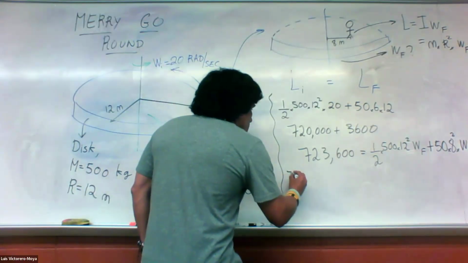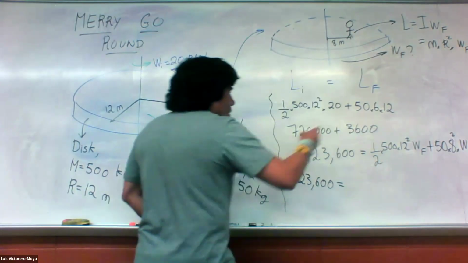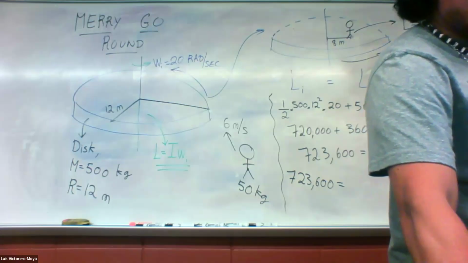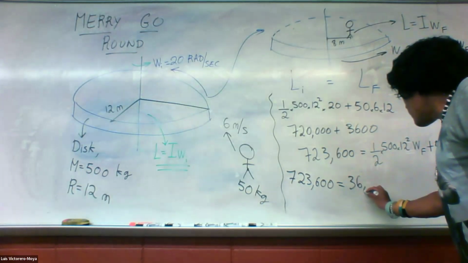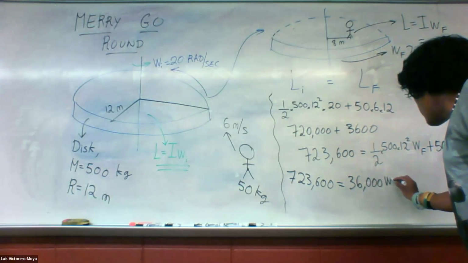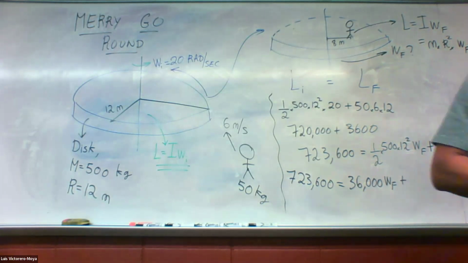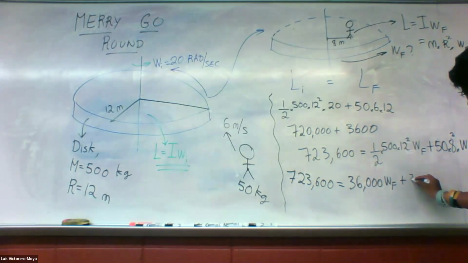So let's see. 723,600 equals, let's calculate that. 500 times 144 divided by 2, 36,000 W final, plus 64 times 50, 3,200 W final.